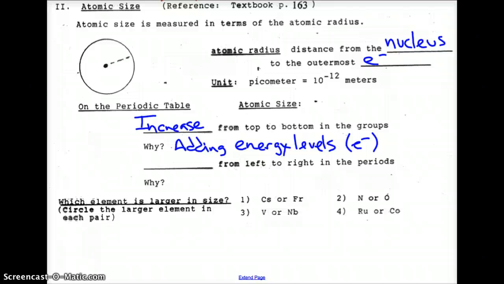The trend from left to right, we're still adding electrons, but it's a little bit not intuitive because it actually decreases as we move from left to right. Even though we're adding electrons, the reason that makes sense is that we're in the same energy level, so we're not adding a greater energy level, but we have more protons in the nucleus and more electrons in the cloud.